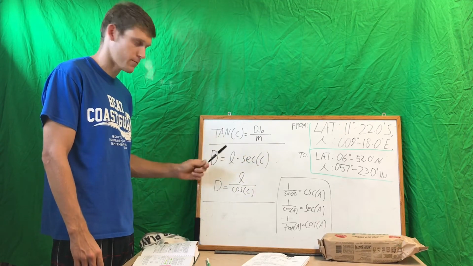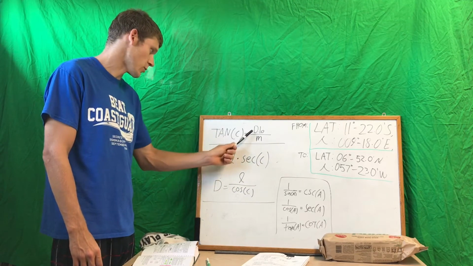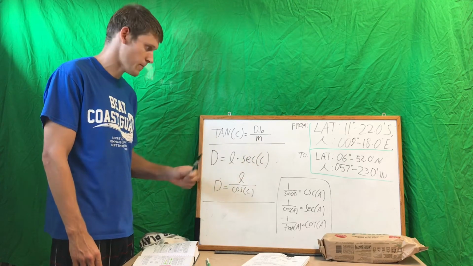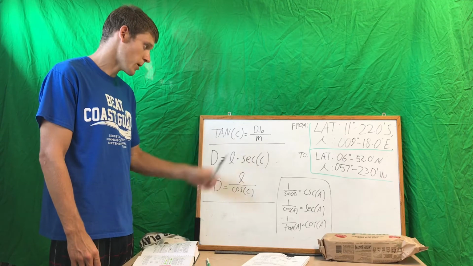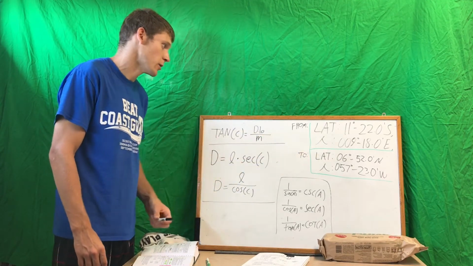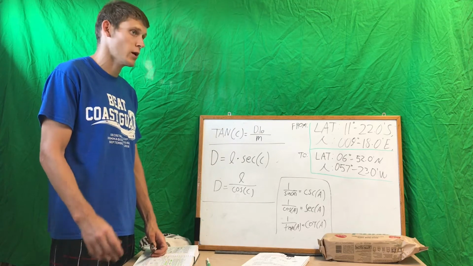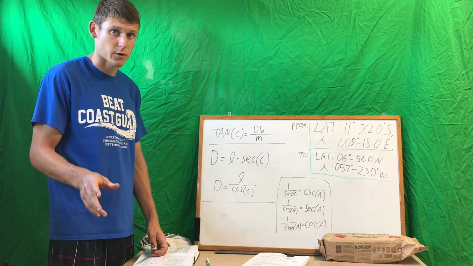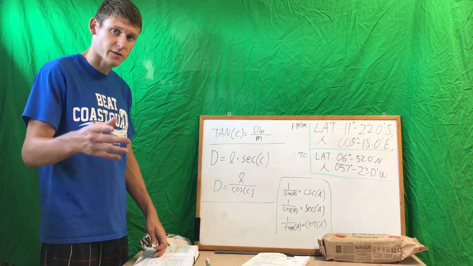I'll say that again. Tangent C equals difference of longitude over meridional parts. Where do you get meridional parts? Well, you essentially get them from your latitude, and you go to Table 5 of Bowditch Volume 2. And as we go on, you'll see how we get there.